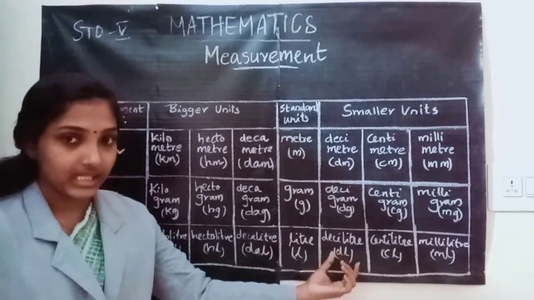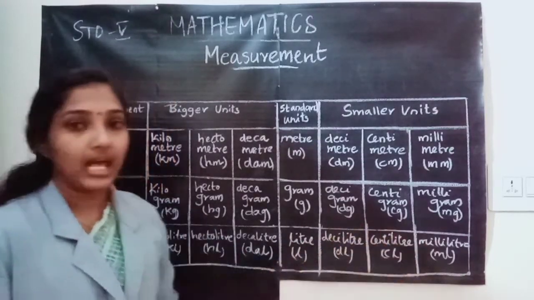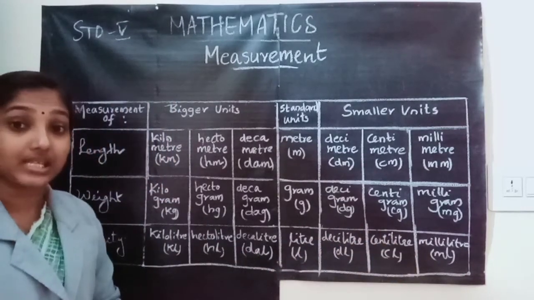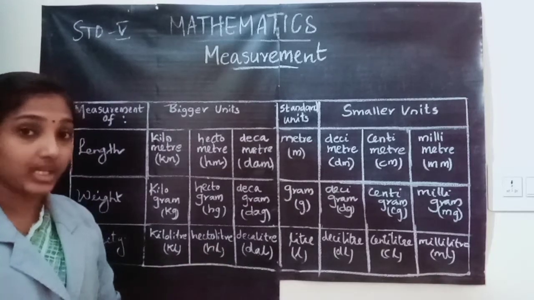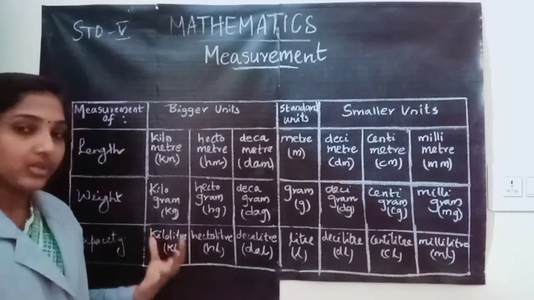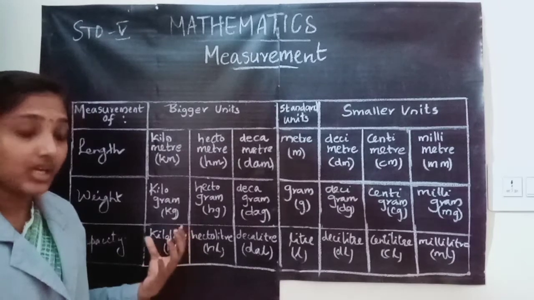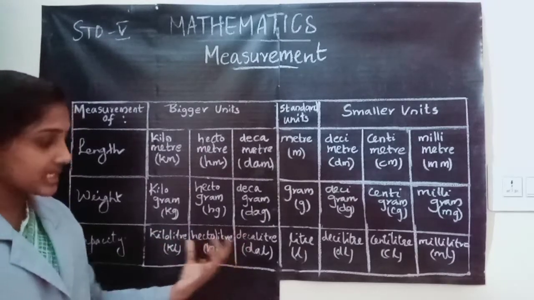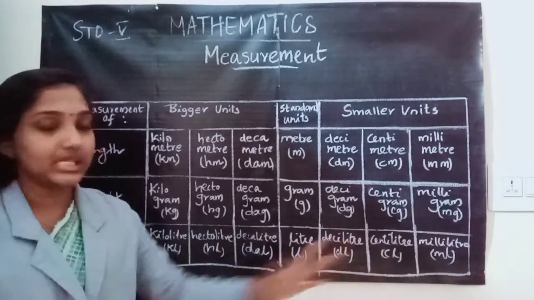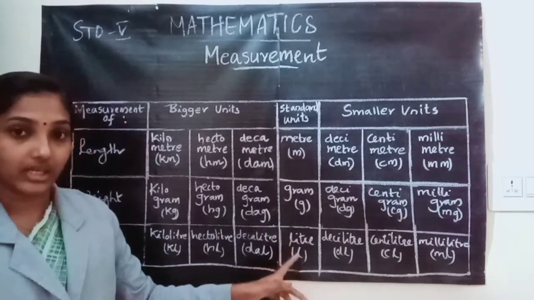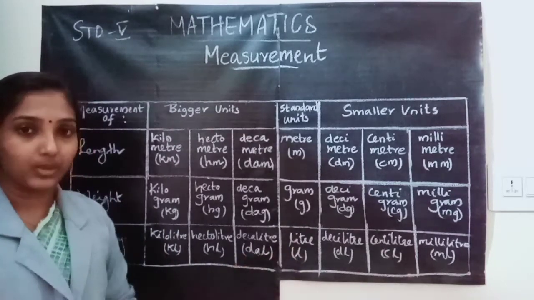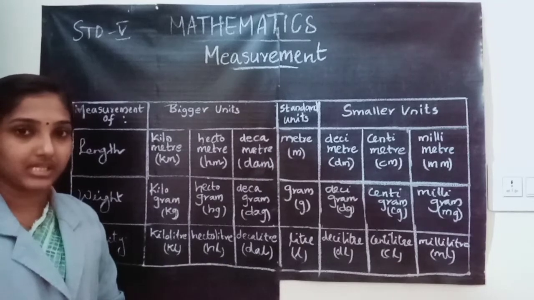Then it's deciliter, centiliter and milliliter. Milliliter is the smallest unit of measuring capacity. So to measure capacity we have 7 units, 3 bigger units and 3 smaller units, and liter is the standard unit of measuring capacity.